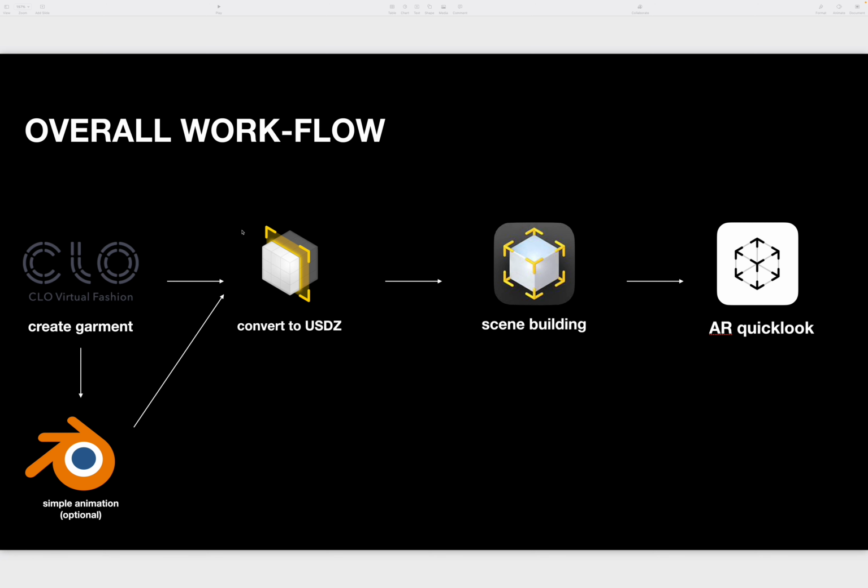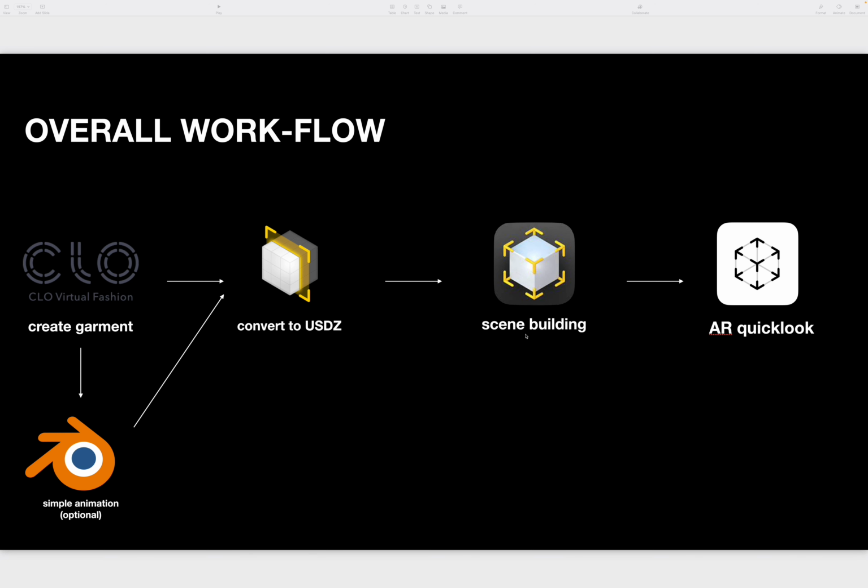And once you have everything done, you just need to convert it to USDZ file format. USDZ is an AR file format. So if you see something .USDZ, it means it's an AR file format, okay? And the software I'm using is called Reality Converter.